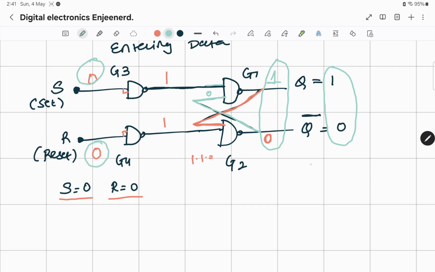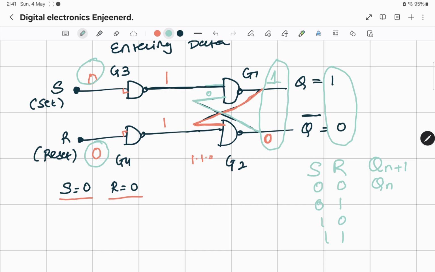Hence, when you write the truth table of the SR flip-flop, the first state is 0, 0, Qn plus 1. Qn plus 1 means the next state of the output is the same as Qn, the current state of the output. In this way, we will see all the different combinations and fill this truth table: 0, 0, 0, 1, 1, 0 and 1, 1.